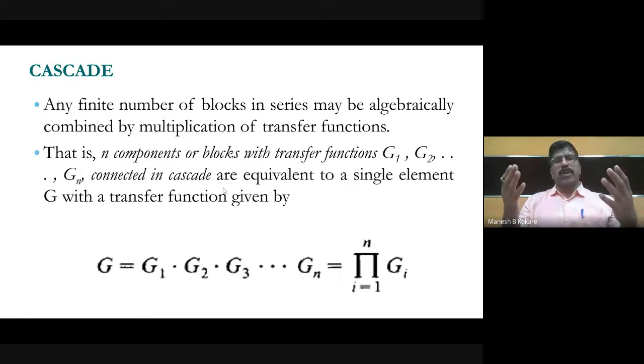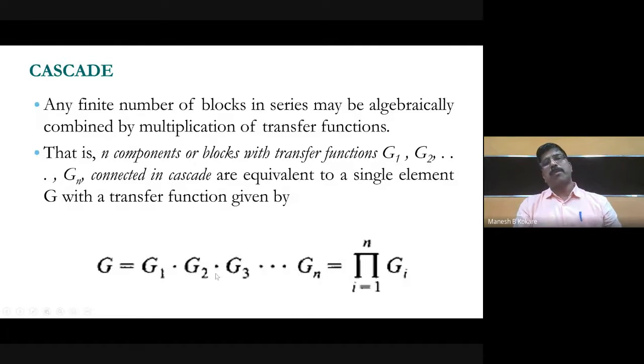If two or more blocks are connected in cascade, then the overall transfer function will be just the multiplication of the individual transfer functions. So if n blocks with transfer functions G1, G2 up to Gn are connected in cascade, then you can represent all those blocks as a single block having transfer function G equal to the multiplication of all.